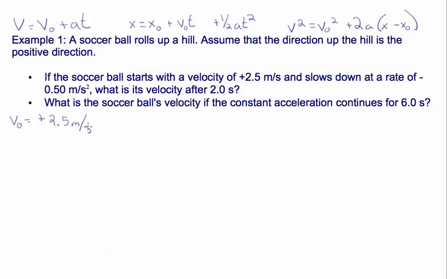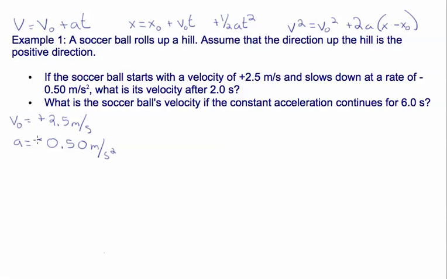Now, slowing down and speeding up is acceleration. So this is our acceleration, and if you weren't sure, you should have been able to look at the units and tell. Now because this is negative, it doesn't automatically mean that it would be slowing down. It's just that the acceleration is in the negative direction. And because the initial velocity is positive and the acceleration is negative, they're opposite signs, that means we're slowing down.